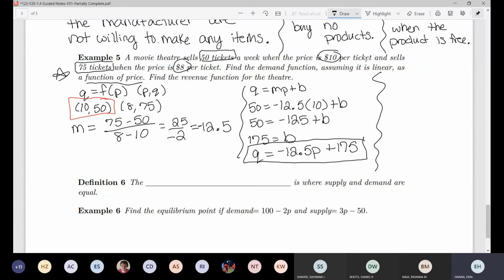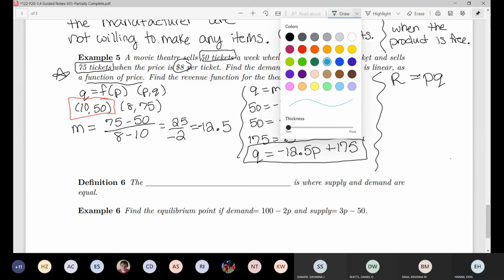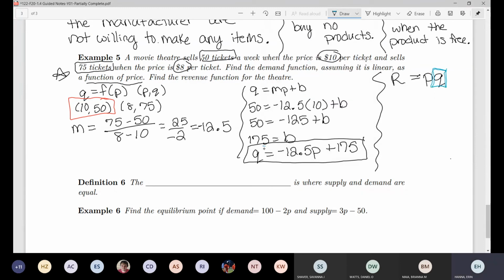All right, but now we were asked to find the revenue. Now, I'm just going to write R, and I'm not going to put an of anything for a second. But remember, I told you it's important to remember that revenue is equal to price times quantity. We have a Q right here. We have a Q right here. We're going to be able to take that demand function we just found and plug it into the revenue price times quantity hoopla, and that'll be our revenue function.